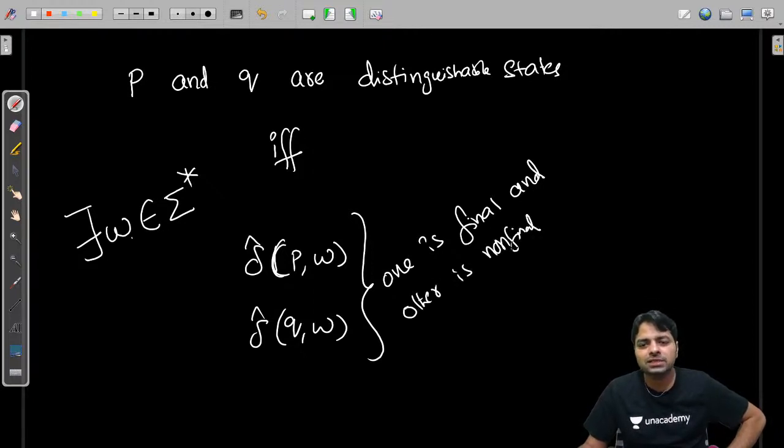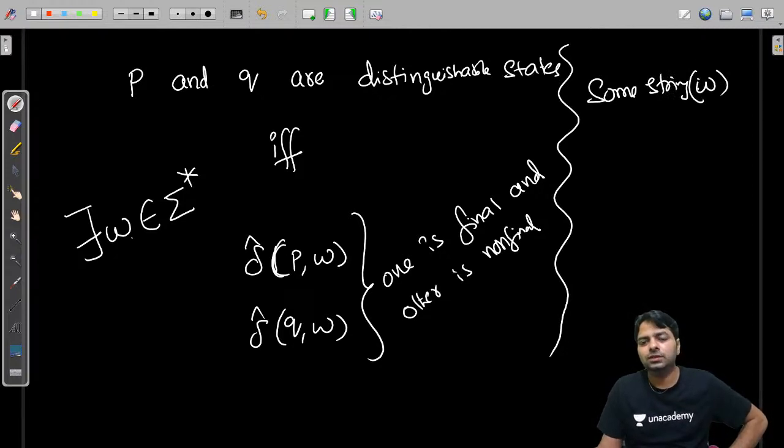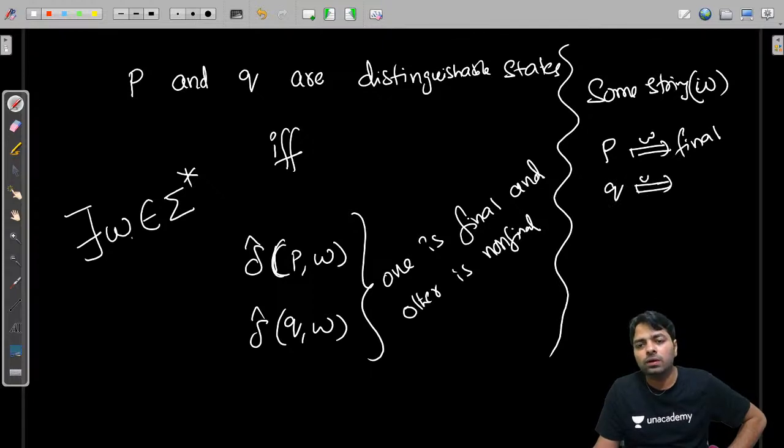What is the meaning of this? Look at that. For some string W in sigma star, from P by reading W, it may go to final. We don't know. Q on W, if it goes to non-final, that means we found they cannot be combined ever.